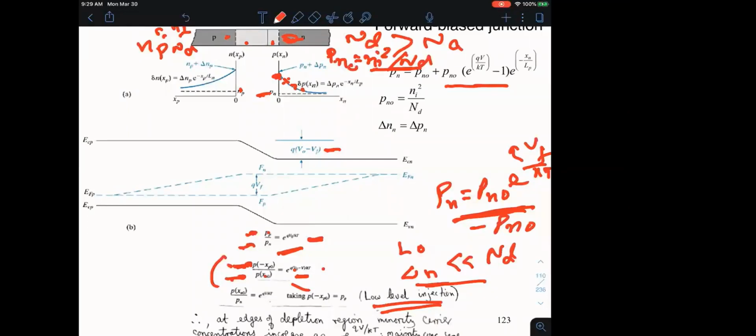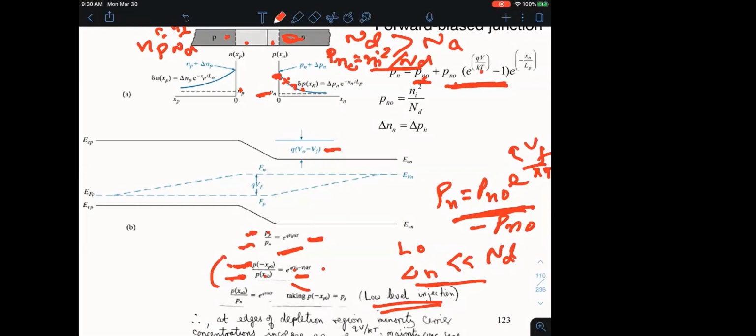As a result, the excess is written by this term over here. If I add this term to this term, I get the total concentration, Pn naught e to the power of qV over kT. Everybody with me? All right.